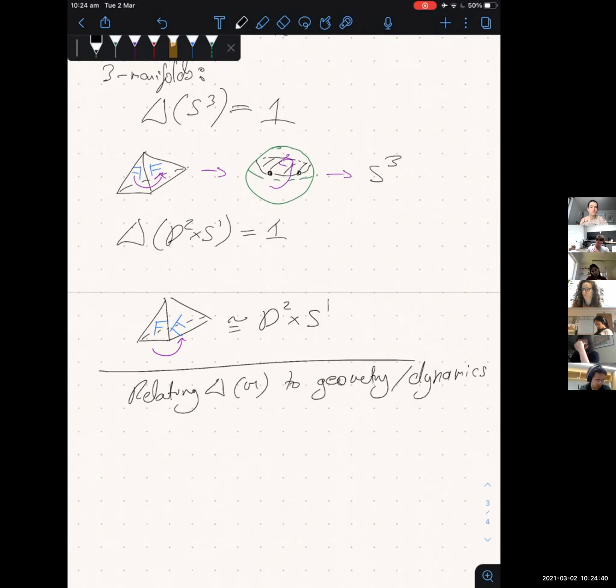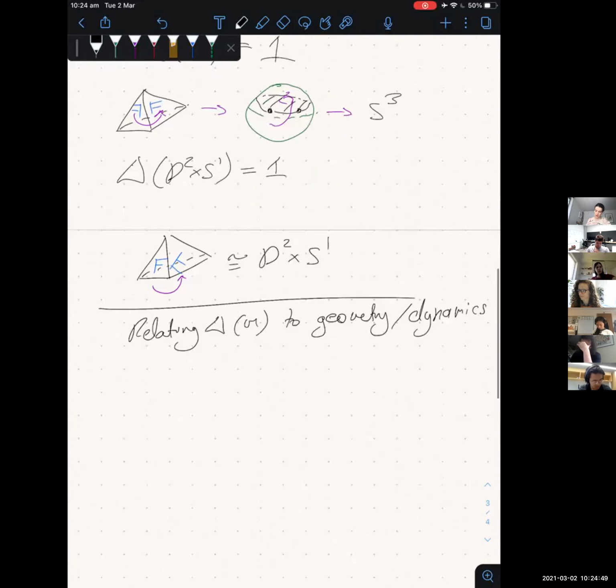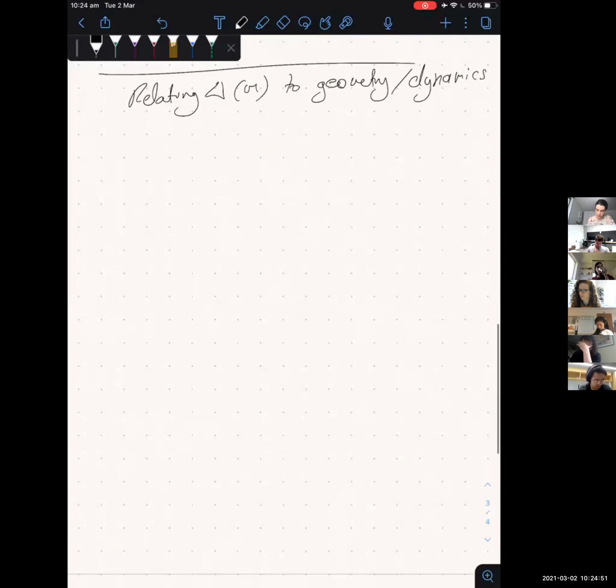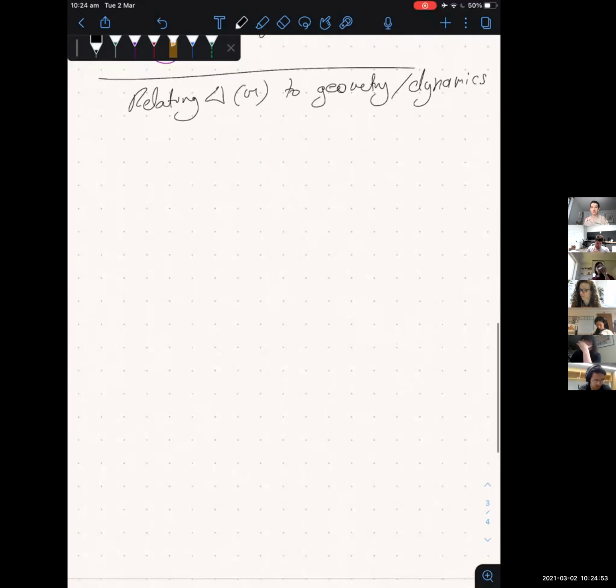Okay, so one, well, this is a bit more topological again, but one pretty natural question to ask is how does the triangulation complexity behave under connect sum?